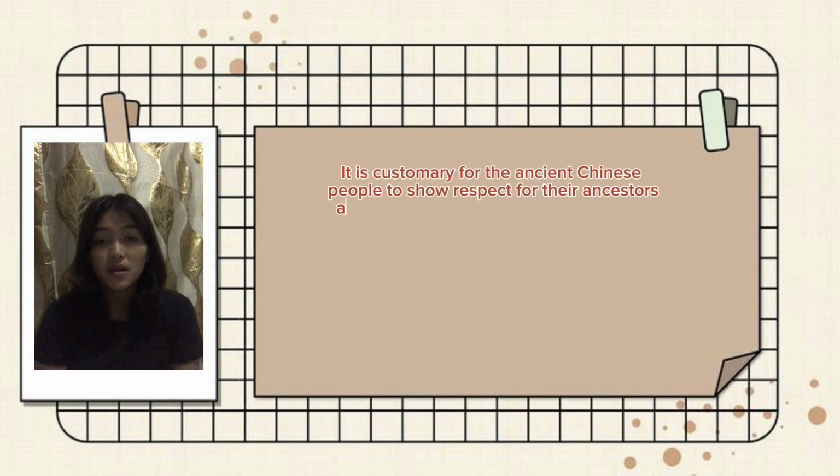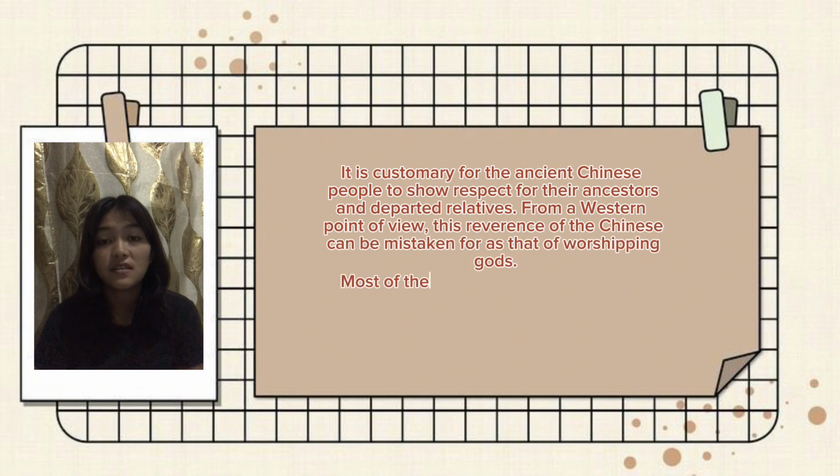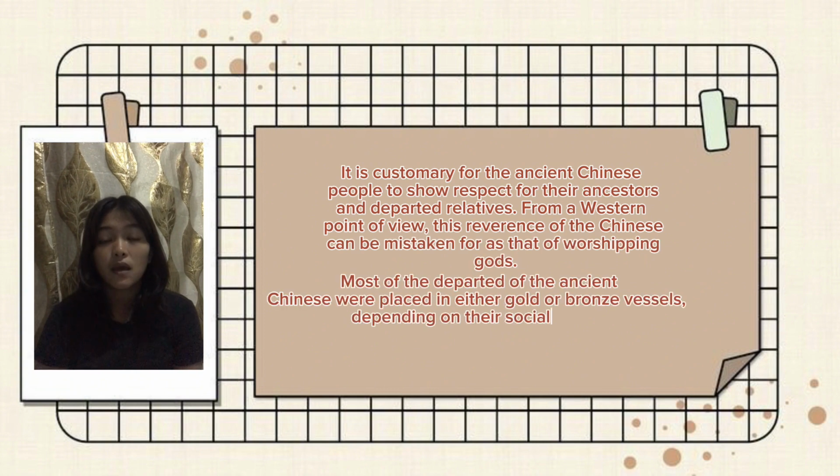It is customary for the ancient Chinese people to show respect for their ancestors and departed relatives. Yung mga tao noon ay pinapahalagaan nila ang mga ninuno nila at ang mga kamag-anak nila to show respect. Dito nga makikita natin kung gaano magpahalaga ang mga tao noon sa mga taong malalapit sa kanila.